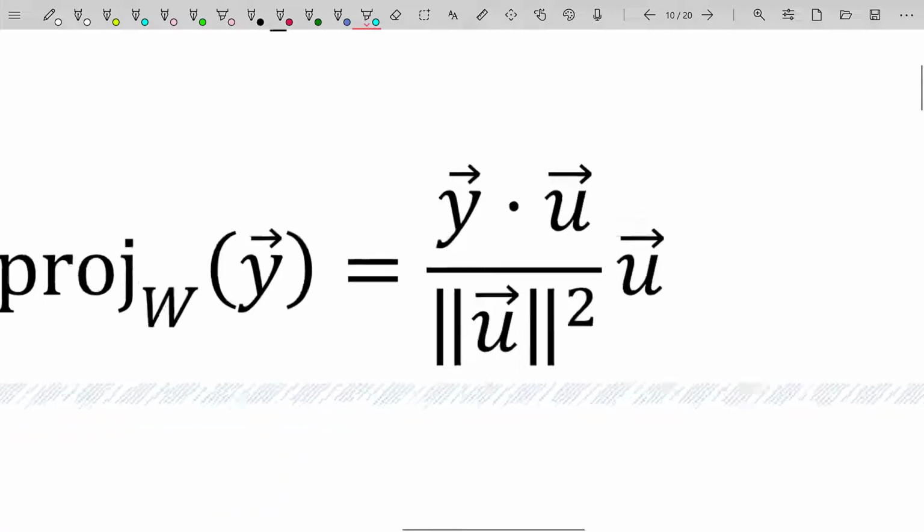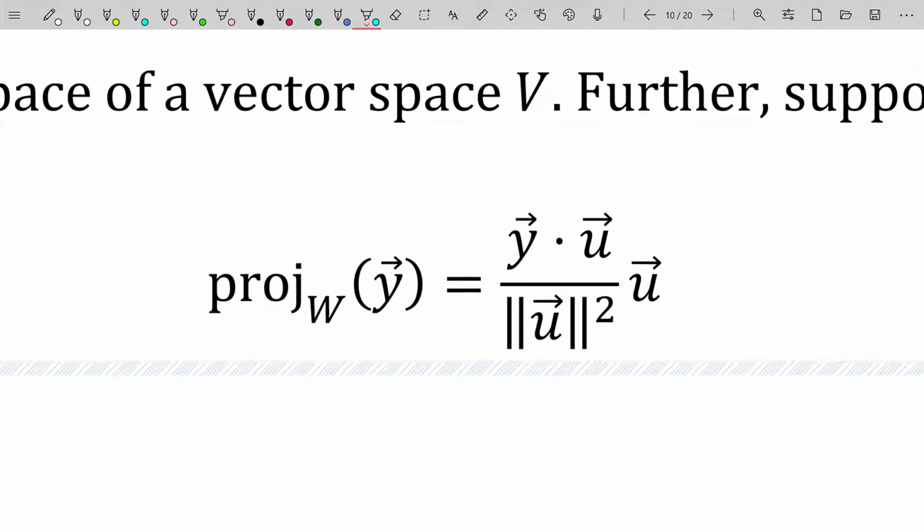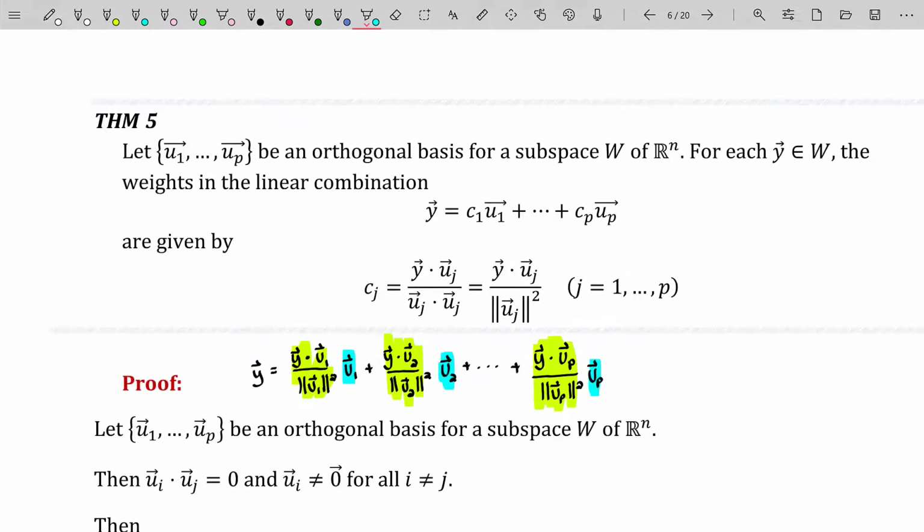Now I'm going to pause before we continue because I want to show you that we've seen this already. So in theorem 5 from the last video, we said that somebody could come in the room, hand us a vector Y, and if we have an orthogonal set of vectors, specifically an orthogonal set of basis vectors for our subspace W of R n, then we should be able to write Y as a linear combination of that orthogonal basis.